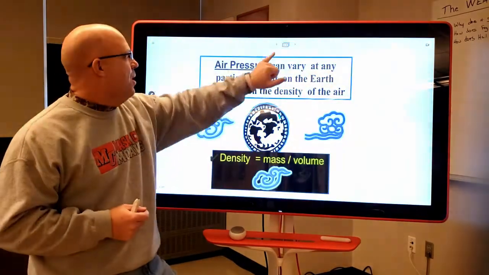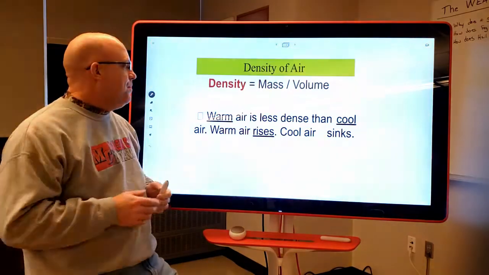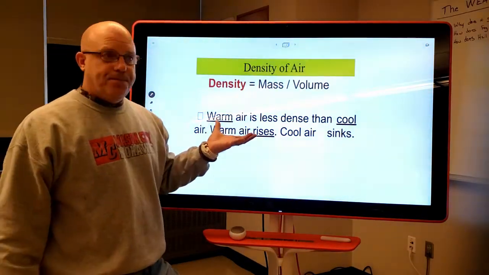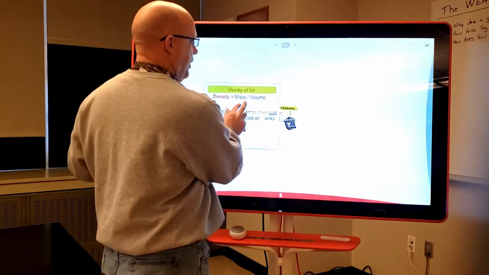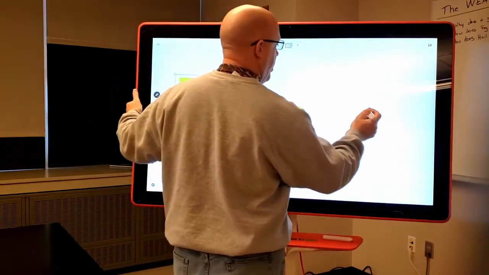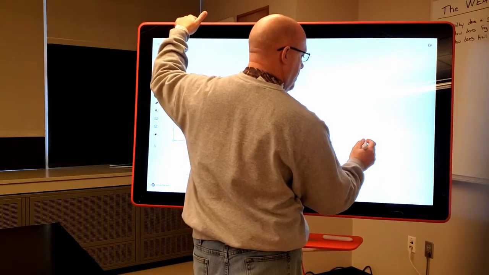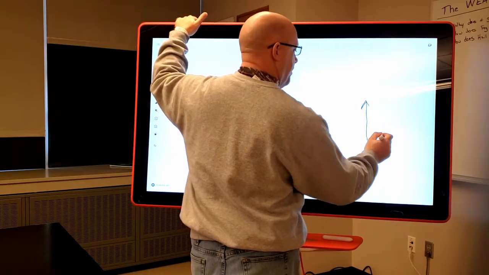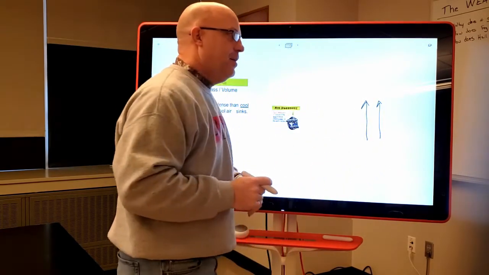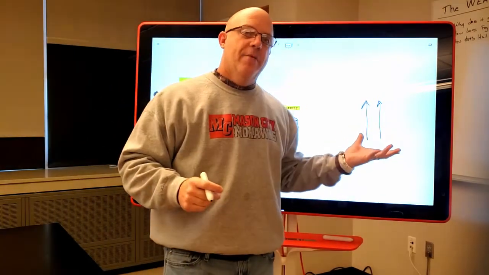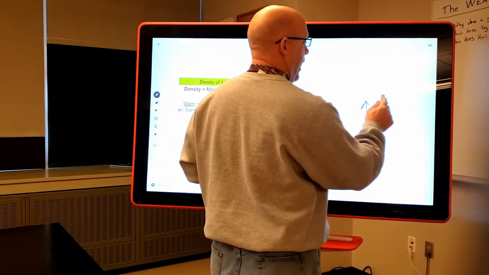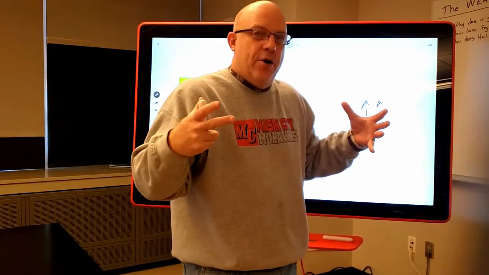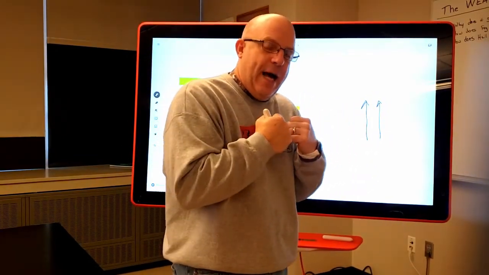Wow, I had a slide drop out. So as this happens, as warm air rises, warm air will go up, and I can draw this real quick. As warm air goes up, it starts to rise. Well, as it goes up, that air begins to cool. So as air begins to cool, it starts to shrink back down a little bit.